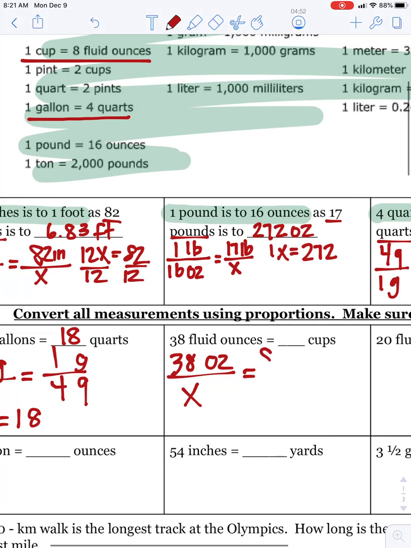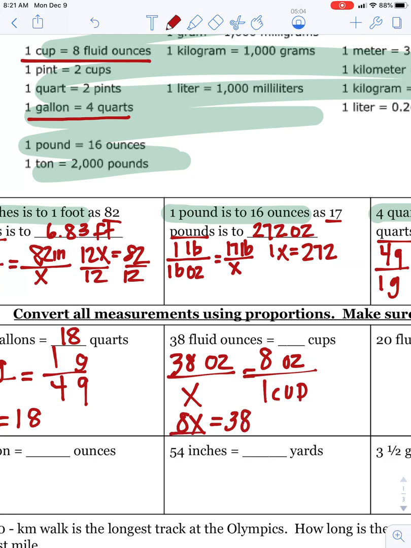So I have to do 8 on top, because that's the ounces, 1 cup on bottom. With this one, when you cross multiply, you're going to get an equation: 8x equals 38. So this one will make you divide by 8 on both sides. So 38 divided by 8 is 4.75 cups.